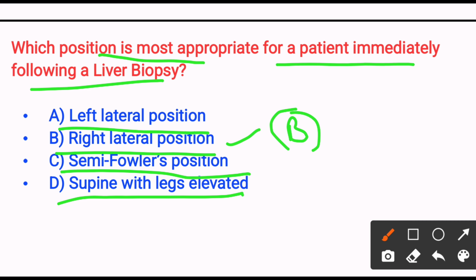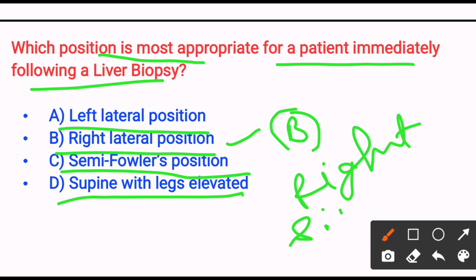The liver is a highly vascular organ located on the right side of the abdomen. Why is option B correct?